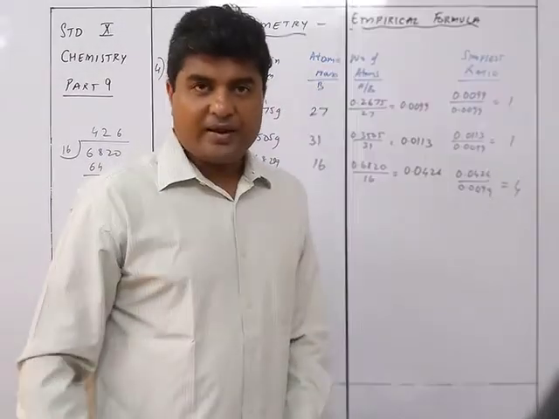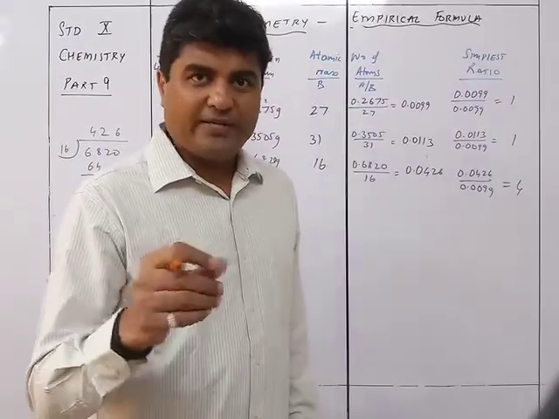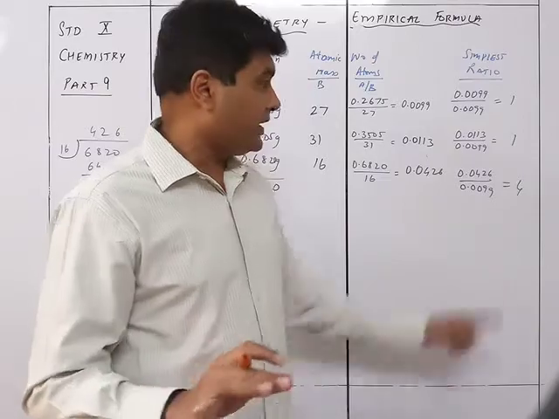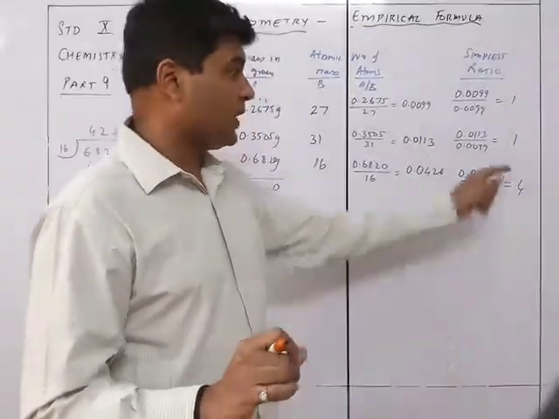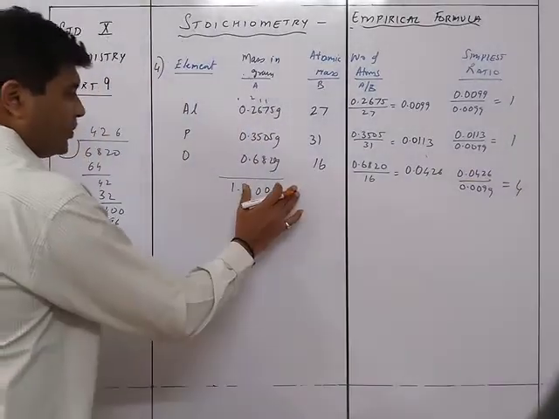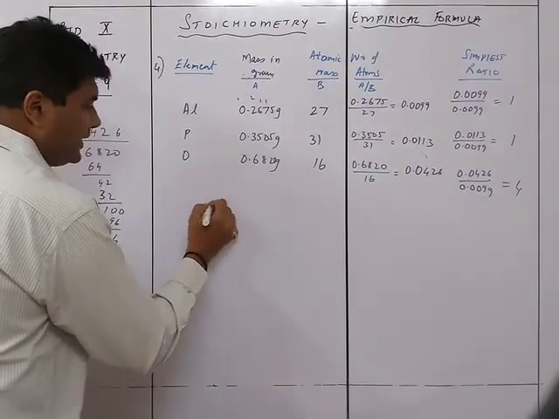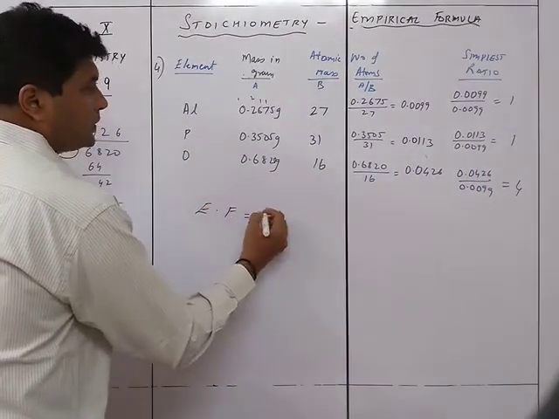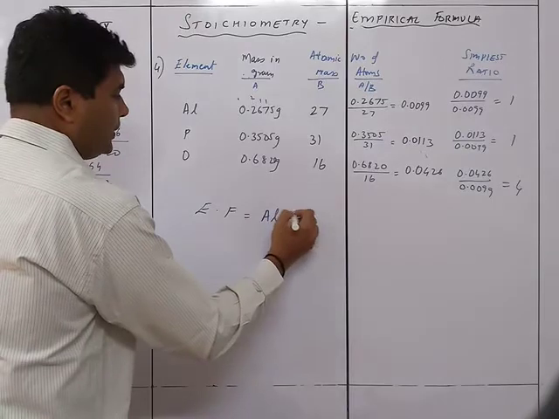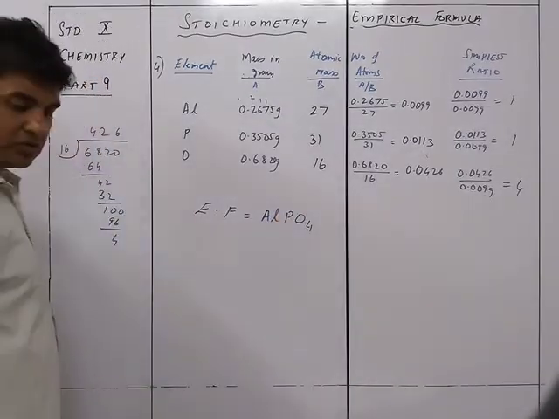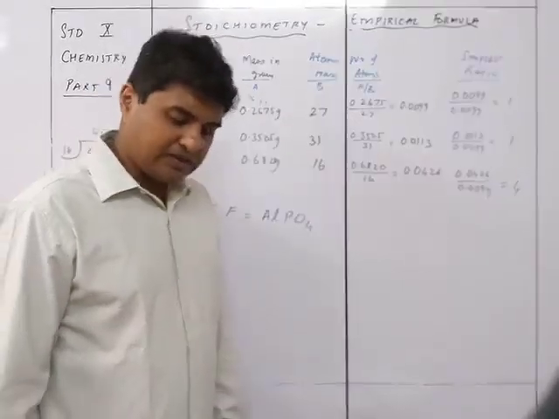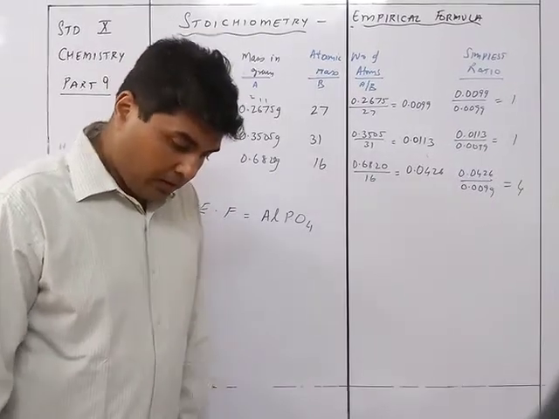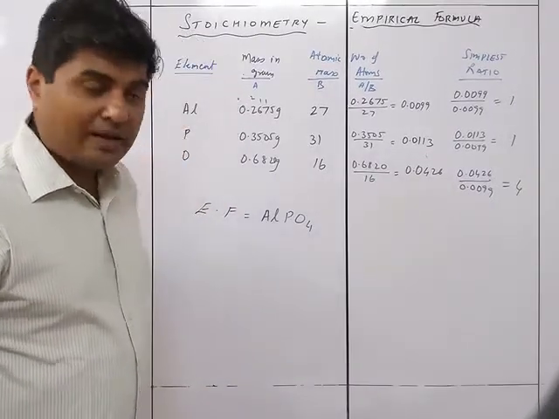Anyway, you have to take it approximately, so there's no need to write 4.023. It is directly 1, 1 and 4. Accordingly, the empirical formula is AlPO4. That will be the answer. We move on to the fifth sum.